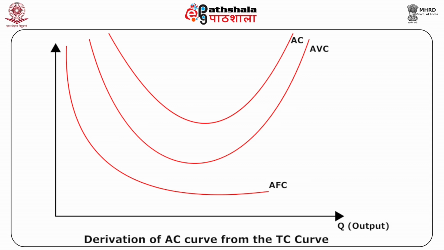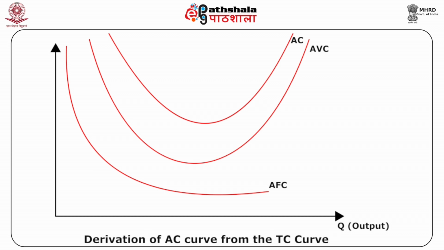This is because the difference between the average cost and the average variable cost is nothing but the average fixed cost. And the average fixed cost is initially high, but after some point it starts to decline rapidly. So if you notice the gap between average cost and average variable cost, it is not parallel after the minimum point.